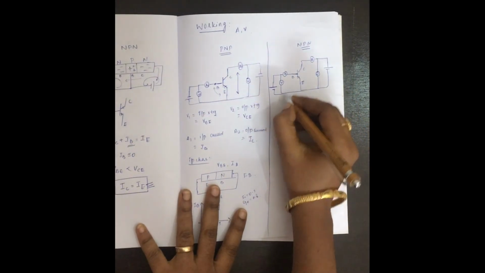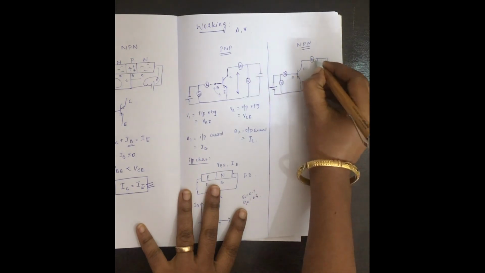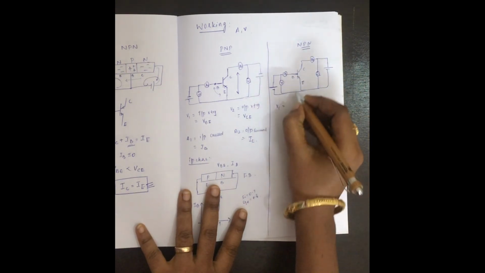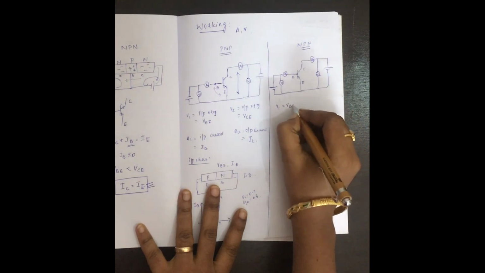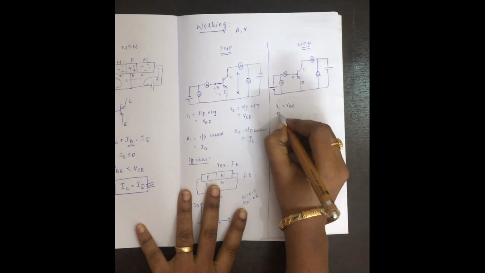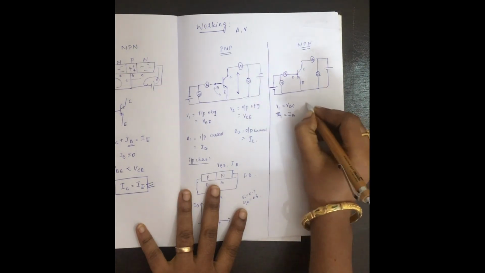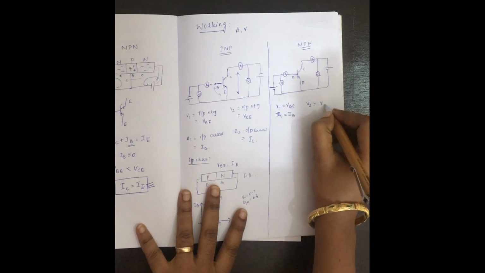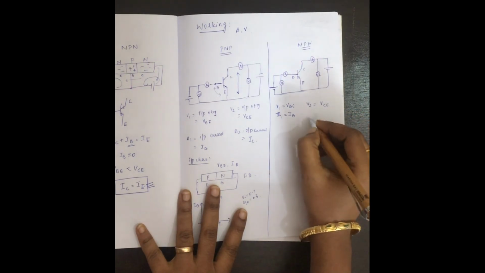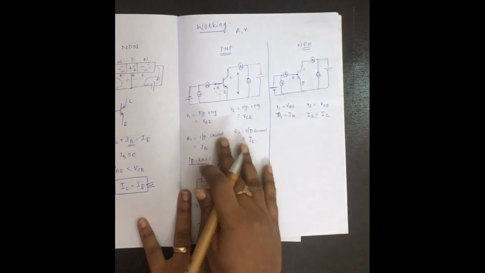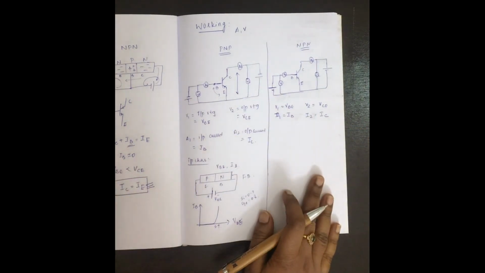Here also V1, A1, A2, V2. The same way, V1 is used to calculate VBE, then current I1 is IB, output voltage V2 is VCE, and output current I2 is IC. Entire thing is the same.